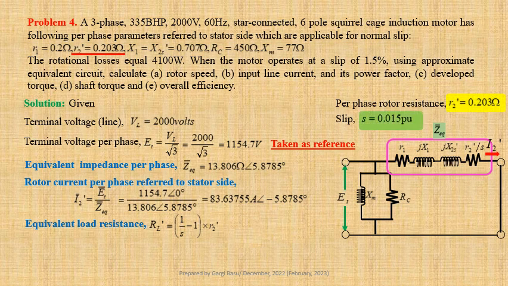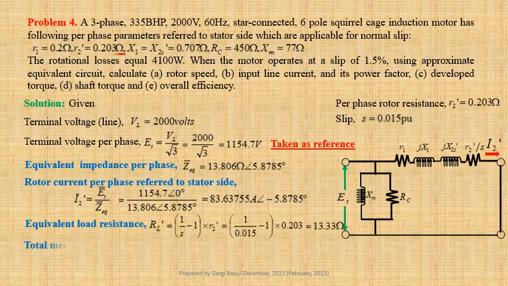Therefore, RL dash equals (1 upon 0.015 minus 1) into 0.203. That gives us 13.33 ohm.